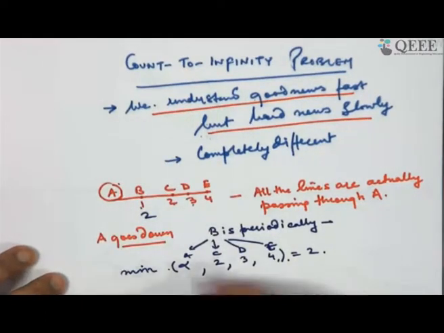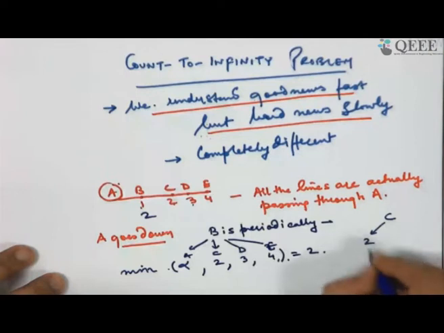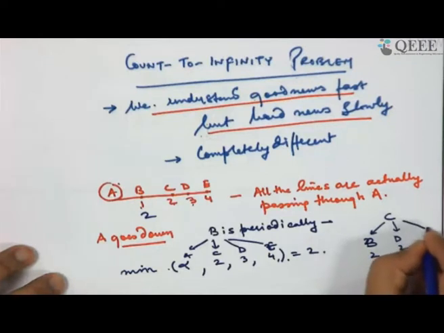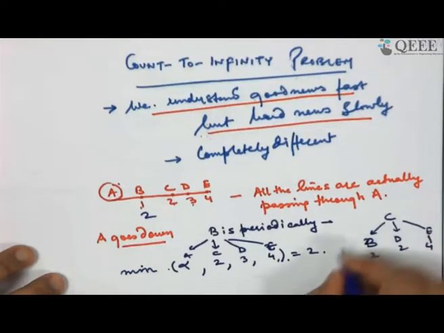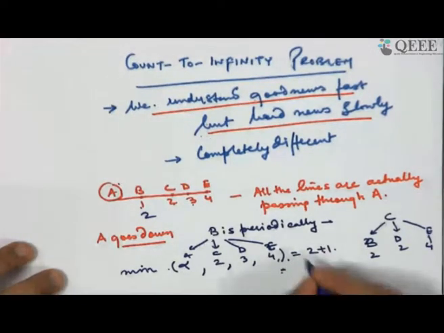Now for C, what is happening? C is getting 2 from B, from D it is getting 2, from E it is getting 4.